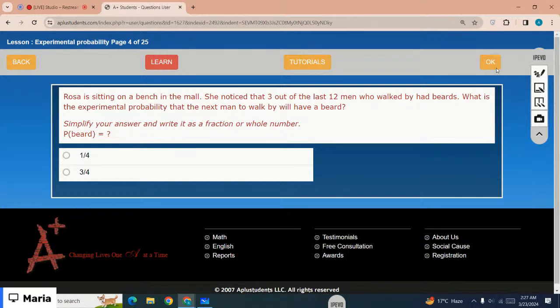Yes, that is 3 out of 12. So, the correct option is 1 over 4, right? Option number 1 is the correct option.